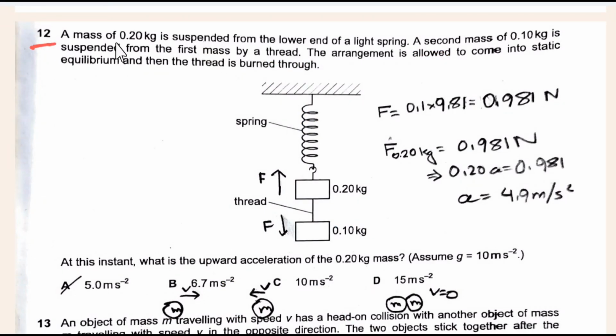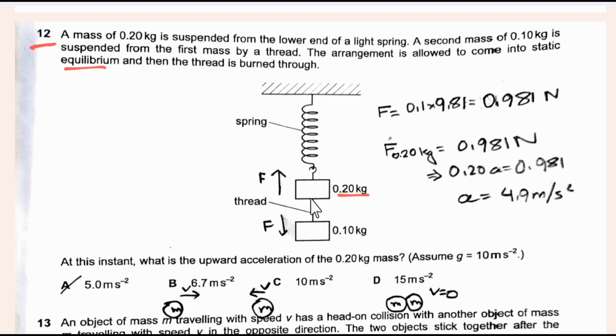Question number 12. A mass of 0.20 kg is suspended from the lower end of a light string. A second mass of 0.10 kg is suspended from the first mass by a thread. The arrangement is allowed to come into static equilibrium. Since the system is in equilibrium, the resultant moment is 0 and the resultant force is 0.